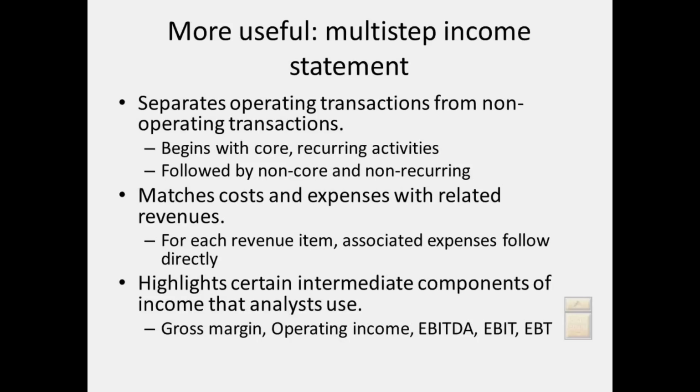You tie together the costs and the revenues that are associated. The more sales we make, the higher the cost of goods sold. Yes, sales and cost of goods sold are recurring activities, but if I increase my sales, I'm going to increase my cost of goods sold. If I decrease my sales, I'm likely to decrease my cost of goods sold.